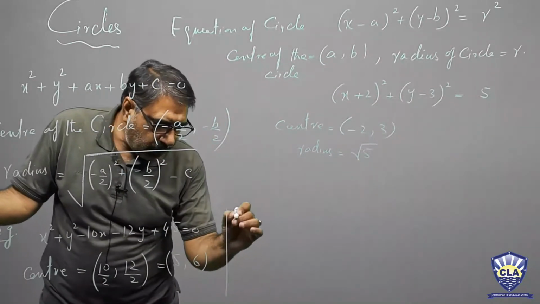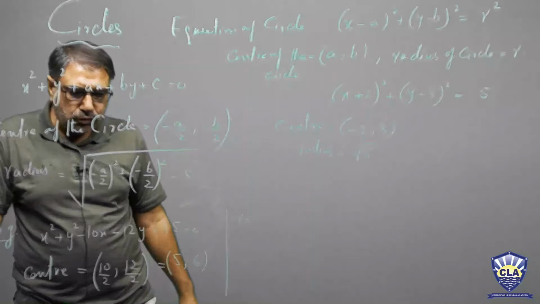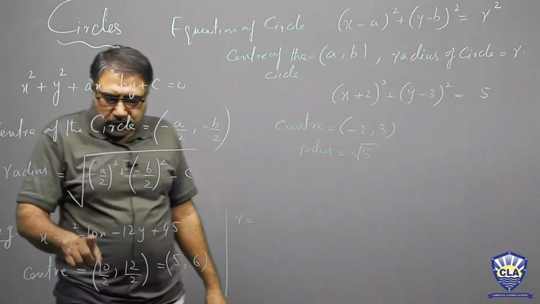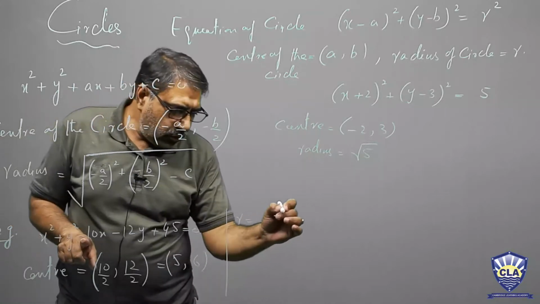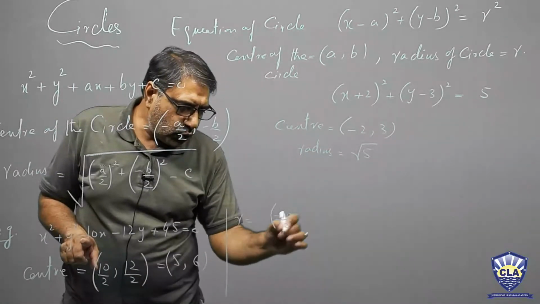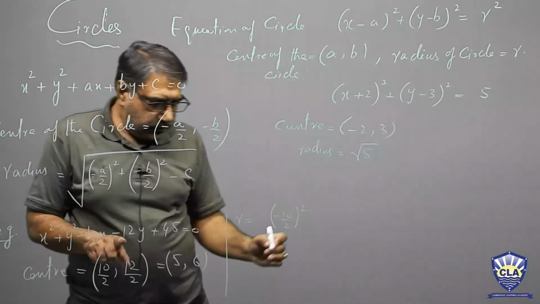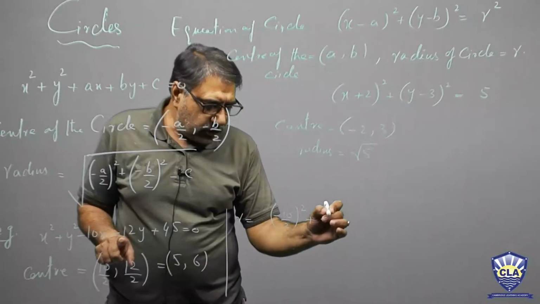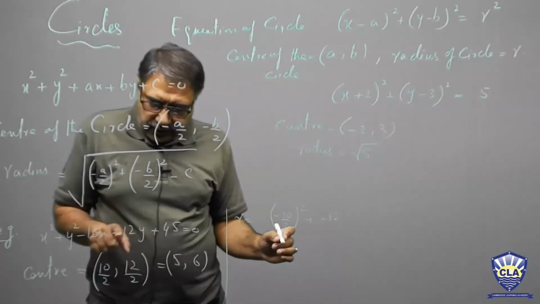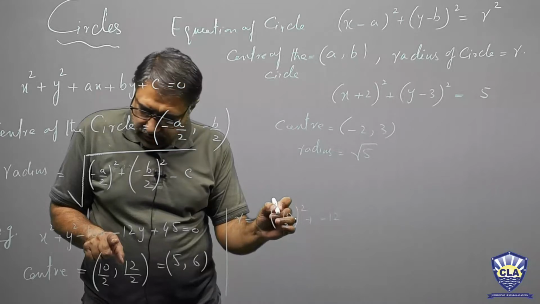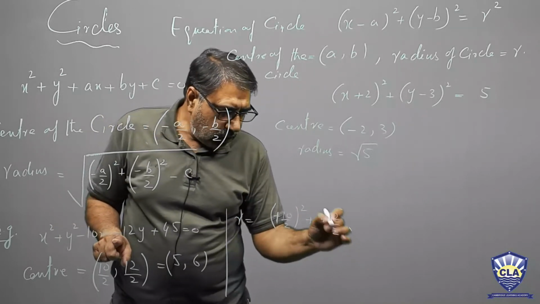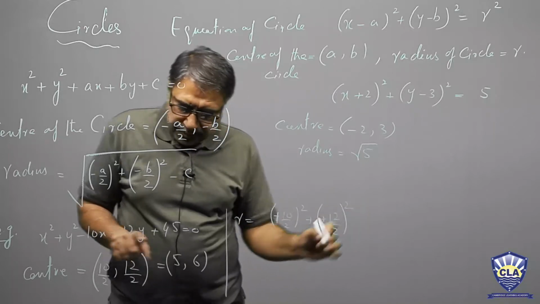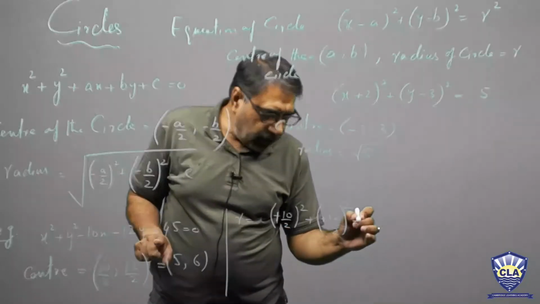Now radius equals to under root (minus 10 upon 2) square plus (minus 12 upon 2) whole square. If it is negative, then positive; if it is positive, then negative.